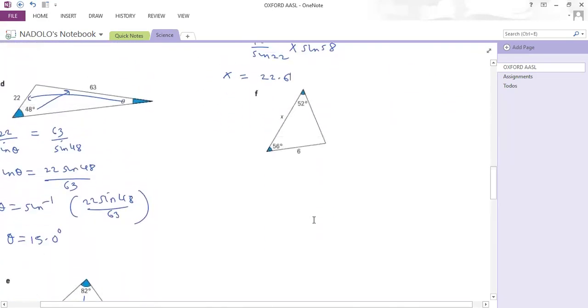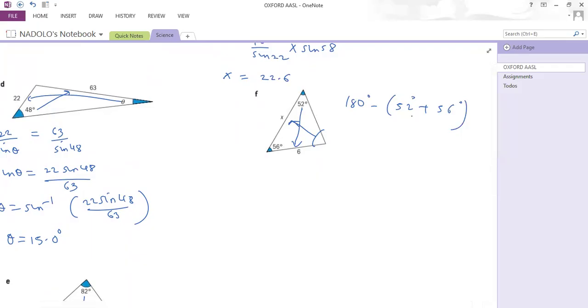Look at part F. In part F, you have this angle facing this side and then no angle facing X. You should get that angle by using the property of triangles that the sum of interior angles is 180. So 52 plus 56, that is 108, 180 minus 108 is 72 degrees.